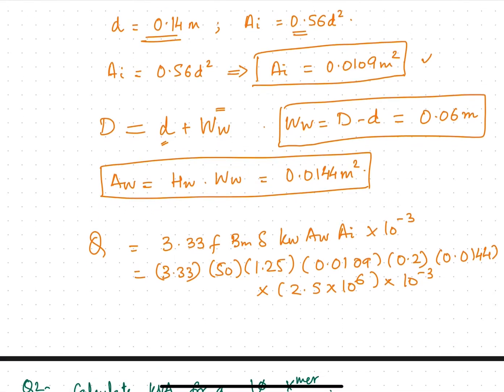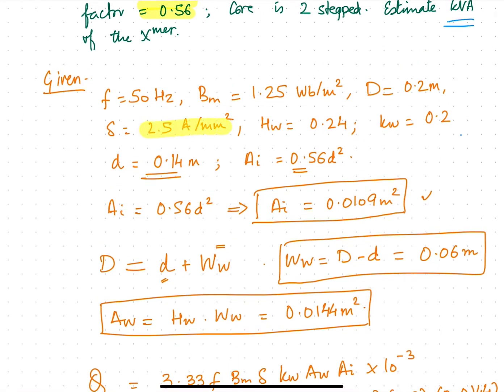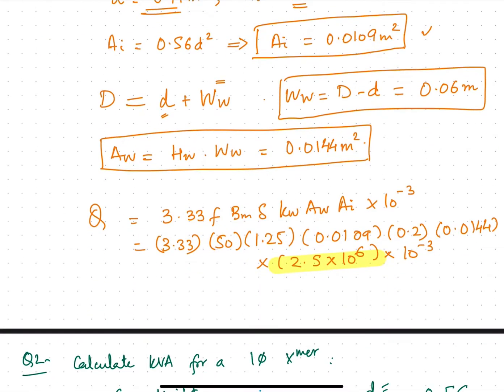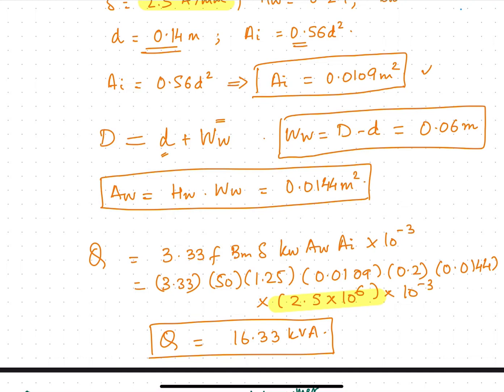So important thing to note here is that this is current density, and current density originally is given in ampere per mm square. So to have uniformity in units, you have to convert ampere per mm square into ampere per meter square. So that's why it gets multiplied by 10 to the power 6. So the kVA Q comes out to be equal to 16.33 kVA. So this is the kVA of the transformer that we have been asked to design.